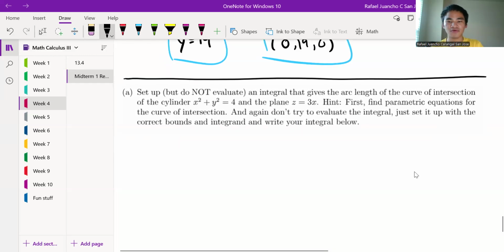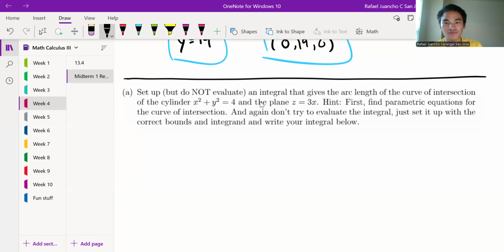So here, yeah, this is long, but basically they want us to set up an integral that gives the arc length of the curve of intersection of the cylinder x squared plus y squared equals 4 and the plane z equals 3x. And we're given a hint here. First, we need to find parametric equations for the curve of intersection. And again, don't try to evaluate the integral. So just set it up with the correct bounds and integrand and write your integral below.